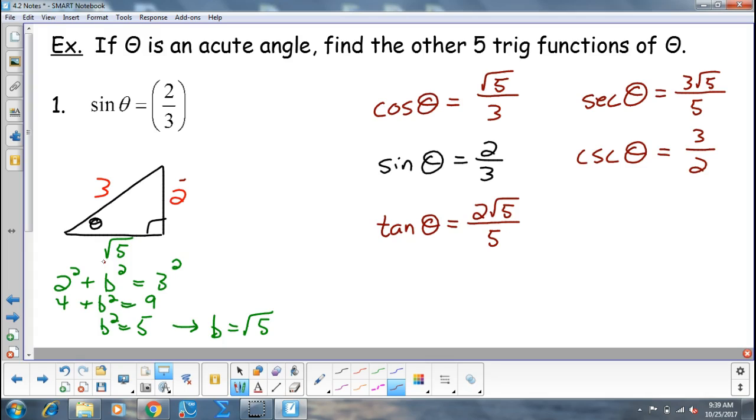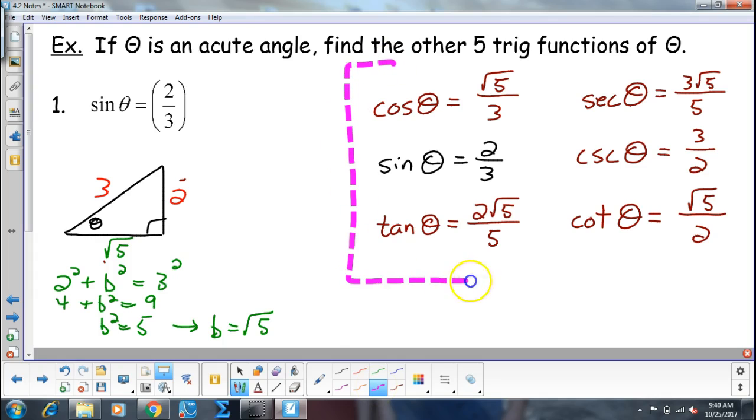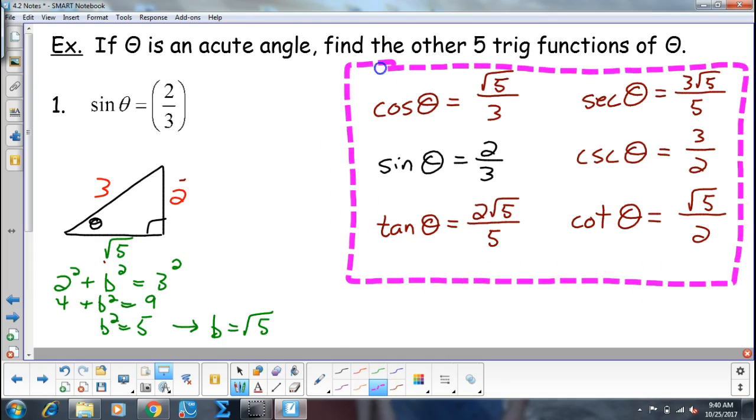The cotangent then is going to be the square root of 5 over 2. With me?